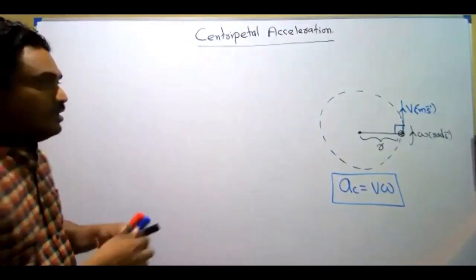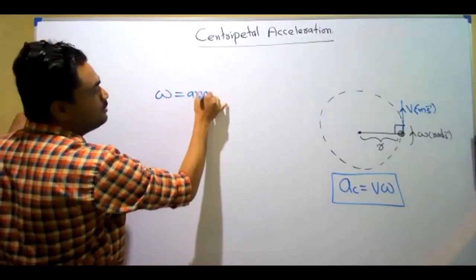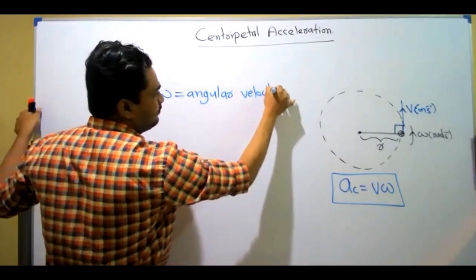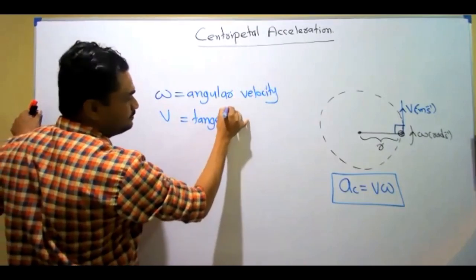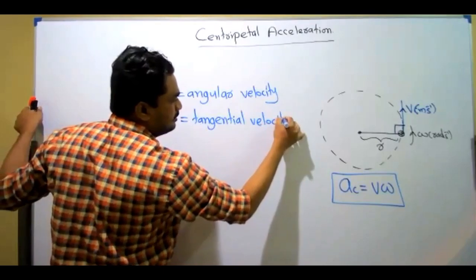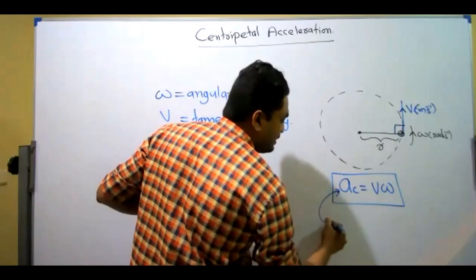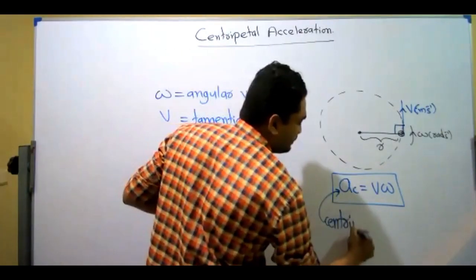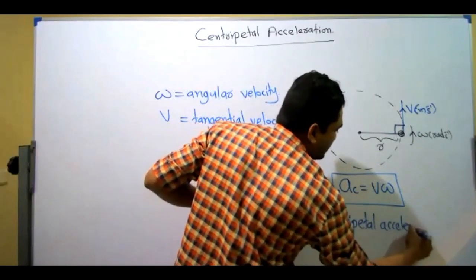Omega is angular velocity, v is tangential velocity, and a_c is centripetal acceleration.